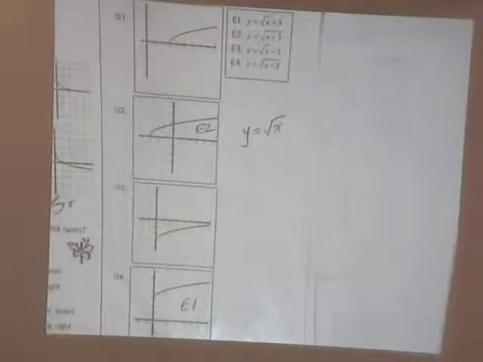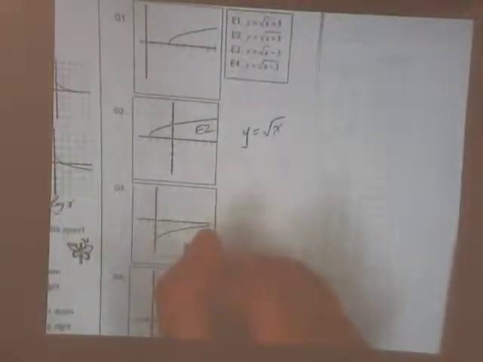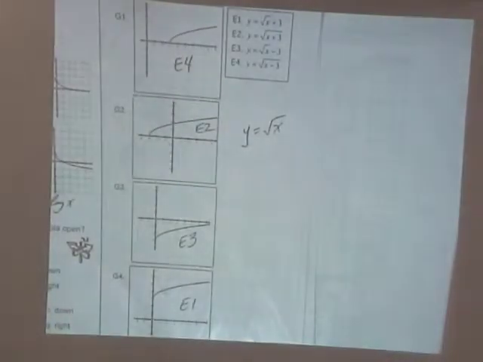How about when I subtract 3 at the end of the equation? Down 3, very good. And when I subtract 3 with the x, move to the right 3. Hopefully by now y'all got those. We've been doing these since August.